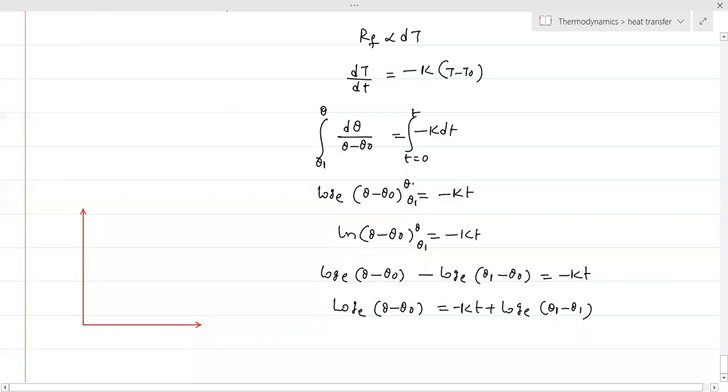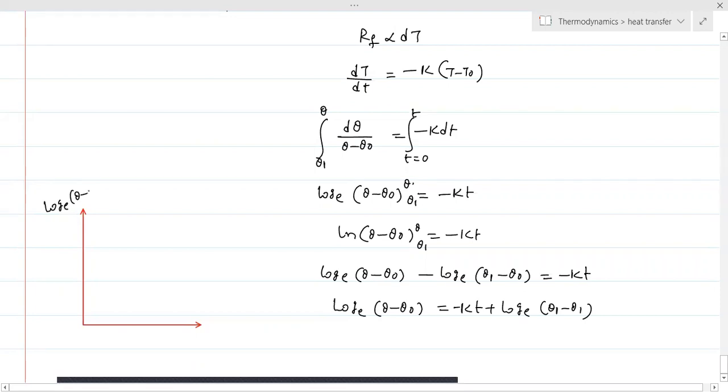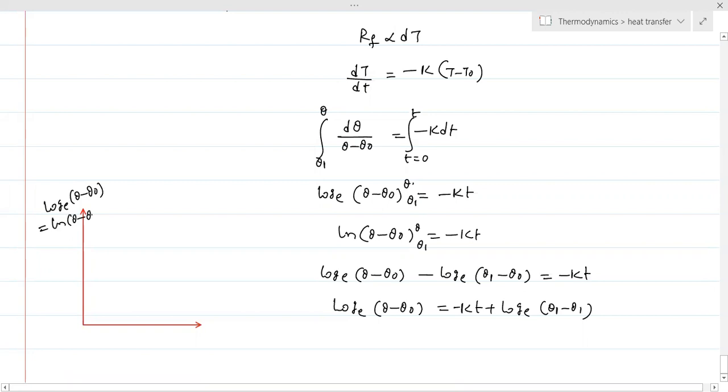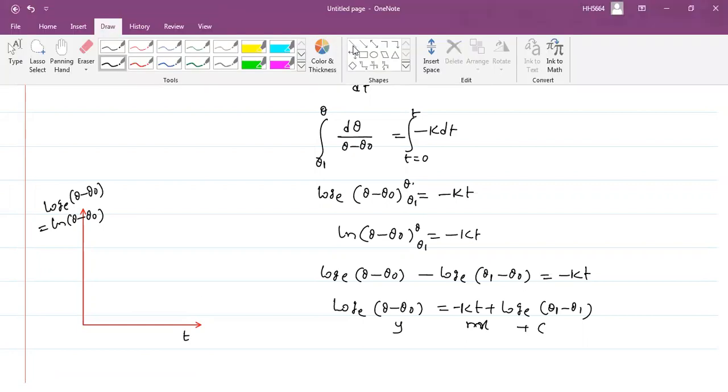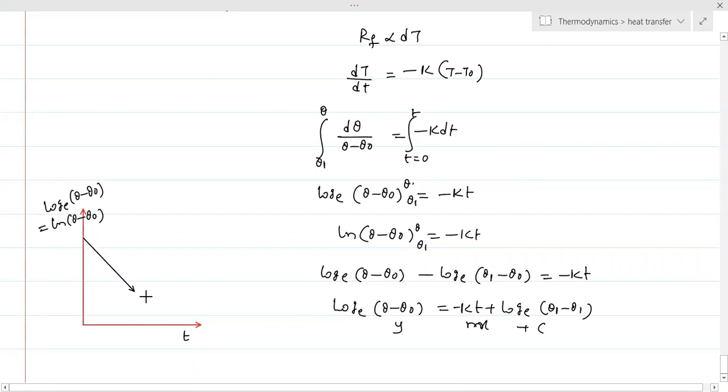Now we are taking a graph between log base e (θ minus θ naught), that is nothing but ln (θ minus θ naught), and time. This is y and this is x and this is c. y equals minus mx plus c. So therefore, you have a straight line with positive intercept and a negative slope.